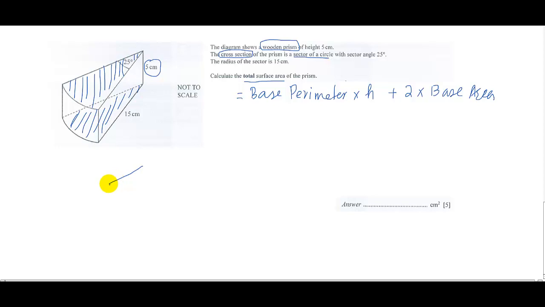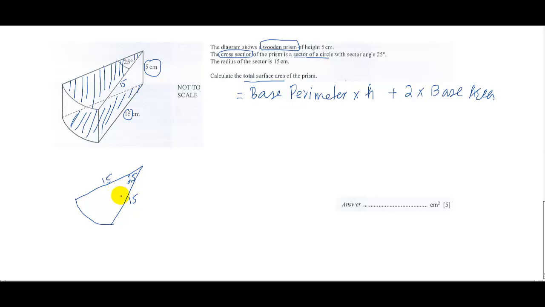This is the shape of the cross section, and this is 25 and this is 15 as well. This will also be 15 because it is a sector of the circle.